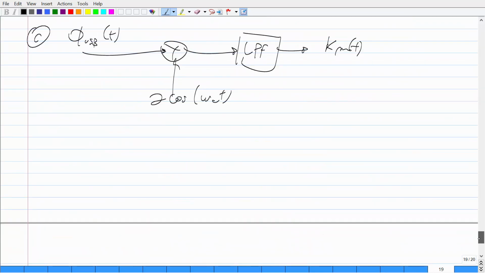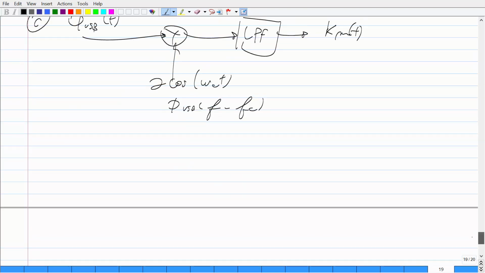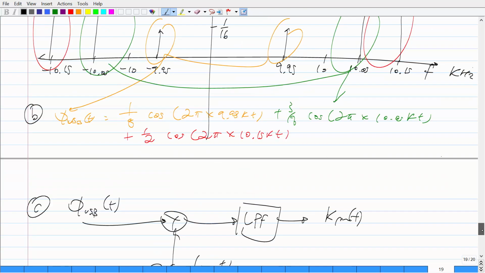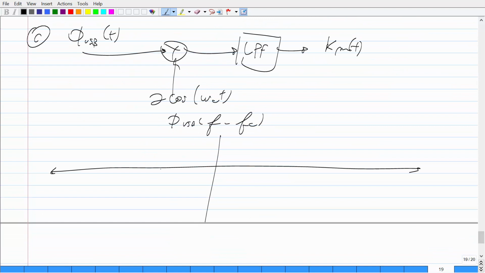I'm going to do the first one where I take my vestigial sideband and shift it to the left by the carrier frequency. Everything shifts by 10, so you're going to get minus 150, minus 50, 50, 150.